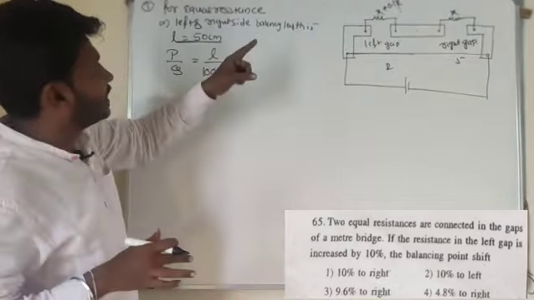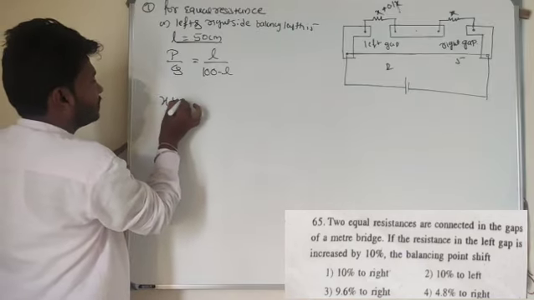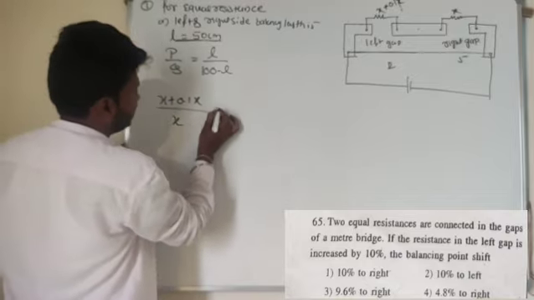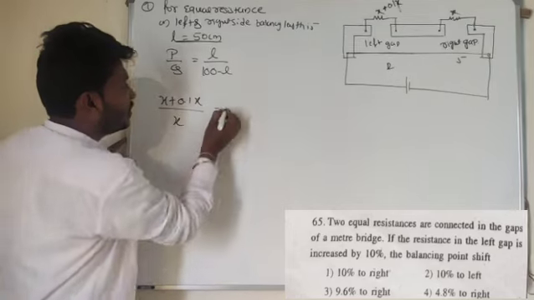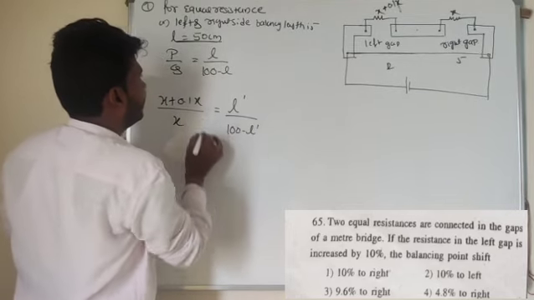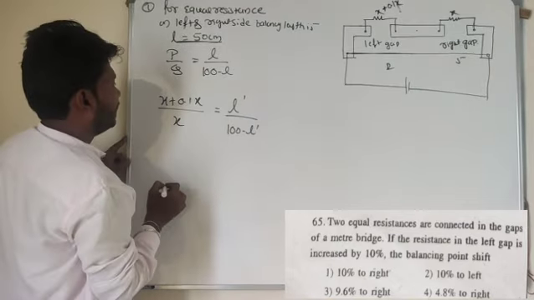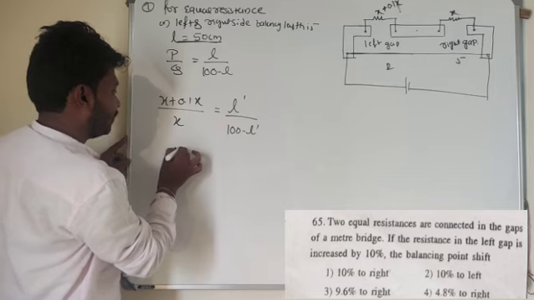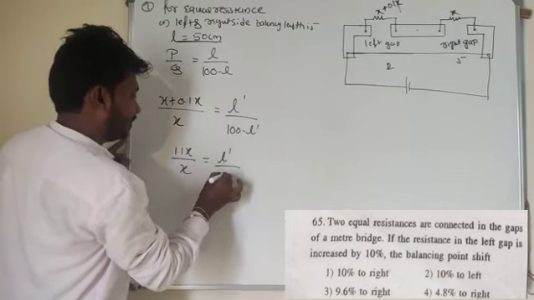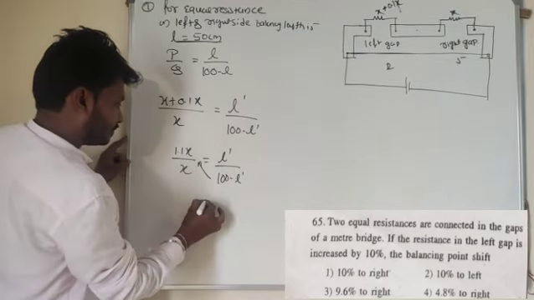In the second case, here X plus 0.1 X is there. X plus 0.1 X divided by X is equal to L dash divided by 100 minus of L dash. Why? Because already the L value I know. Here X plus 0.1 X, 1.1 X divided by X, L dash divided by 100 minus of L dash here. Take that cross multiplication here.